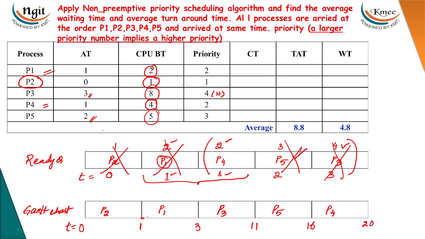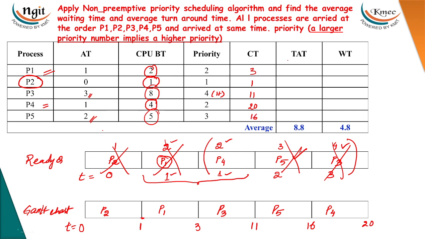Now look at the order. It is P2, P1, P3, P5 and P4. The completion times are 1, 3, 11, 16, 20. Now write down these completion times. P1 completion time 3, then P2 1, P3 11, P4 20, P5 16.